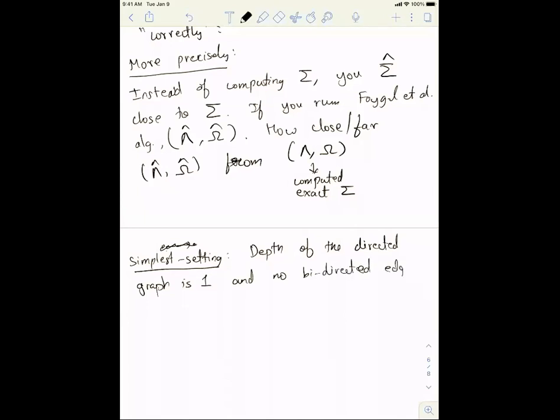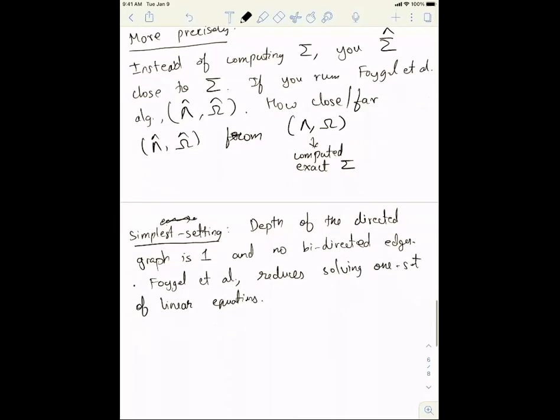Then the Foygel et al. algorithm just reduces to solving one set of linear equations, and the robustness in this particular context is known. Their robustness is well understood.